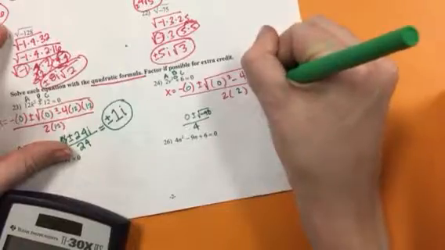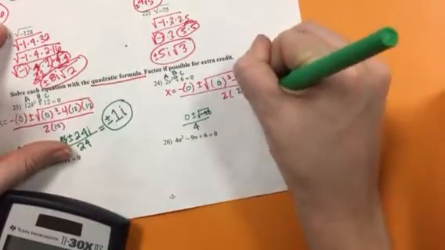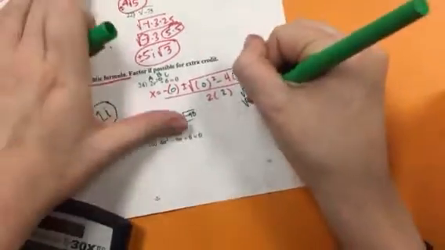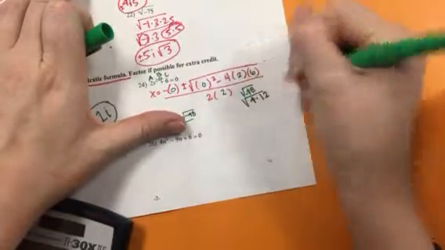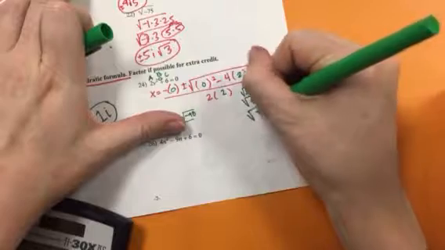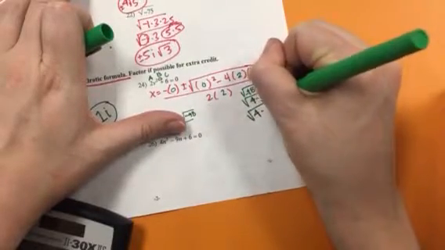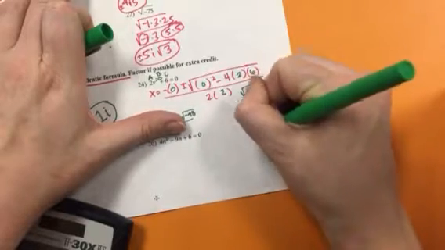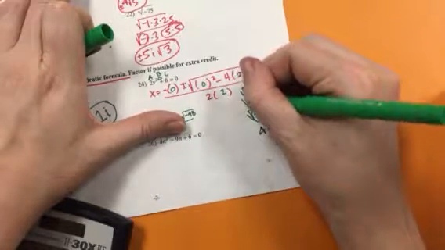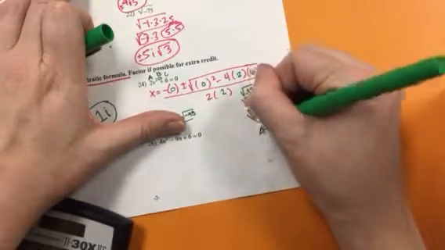So square root of negative 48 would be 4 times 12. 4 times 12 breaks down to 4 times 3. I can take out the 4. I can take out the negative.